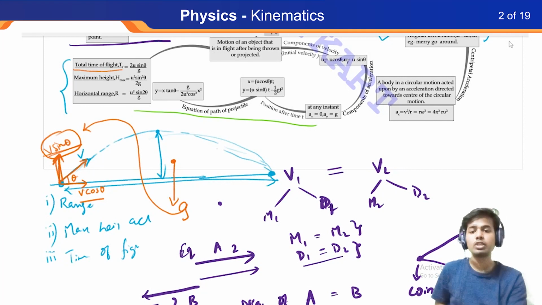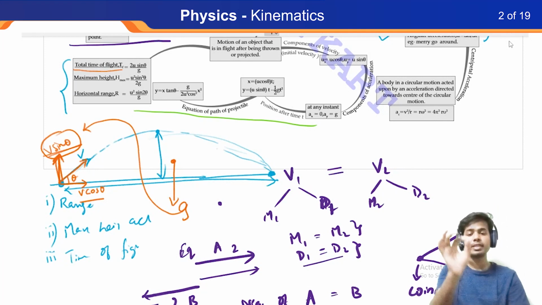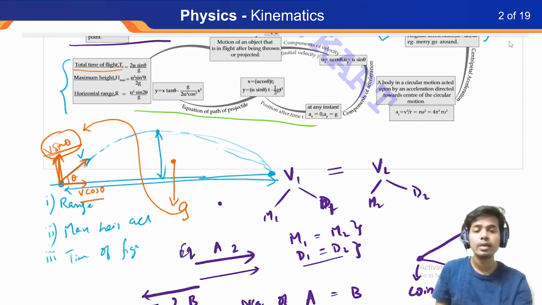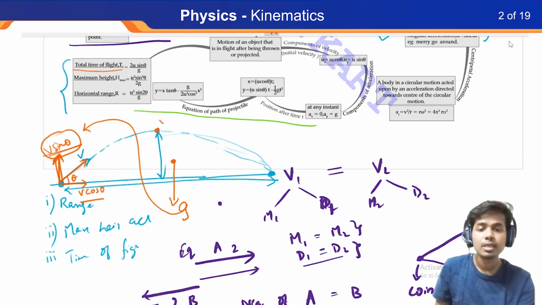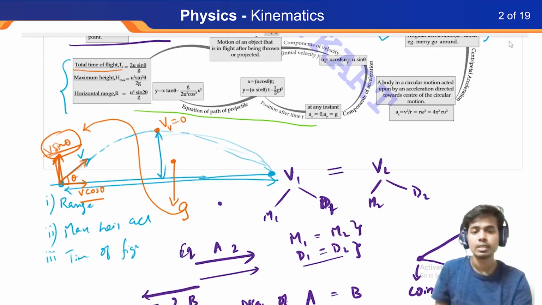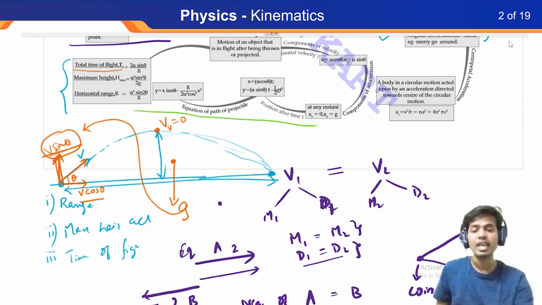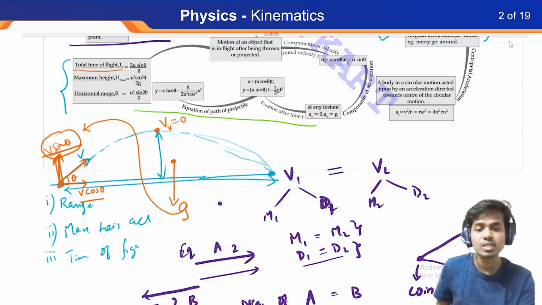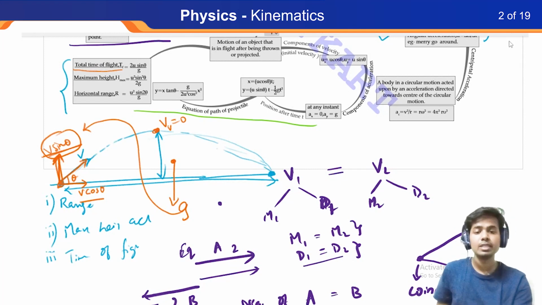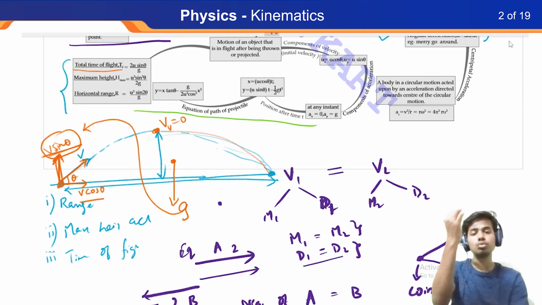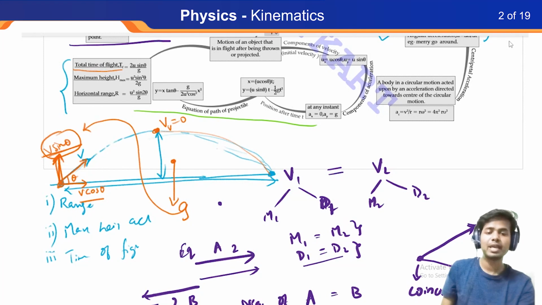Since you have the upward velocity v sin theta, you can get the time taken to get to a point where the vertical velocity will be equal to 0, and the initial velocity you already have. So the time from this point to this point you will get, and that is equal to the time it will take to reach the ground. So that will be the total time taken.